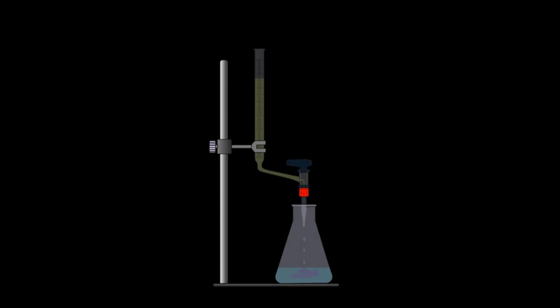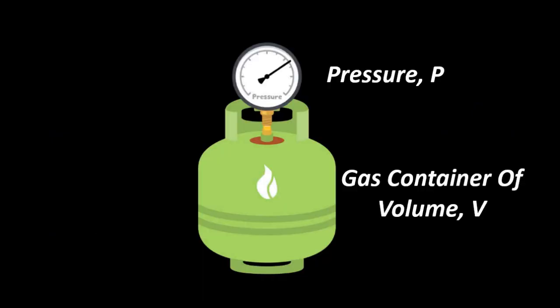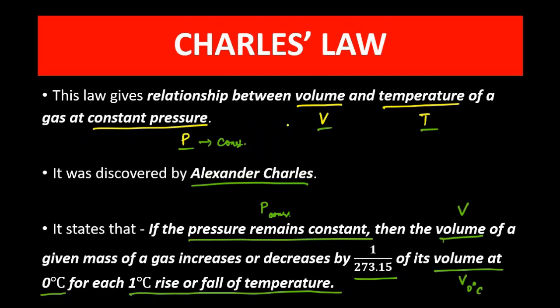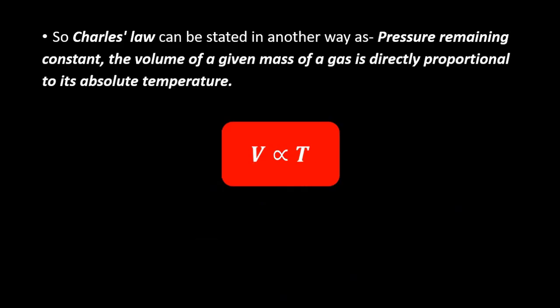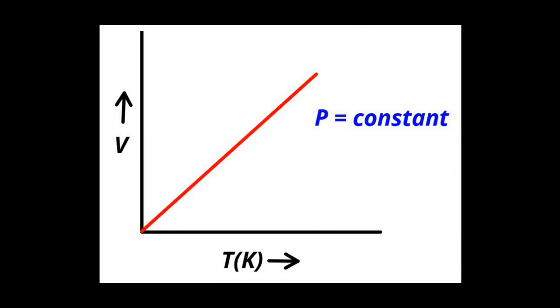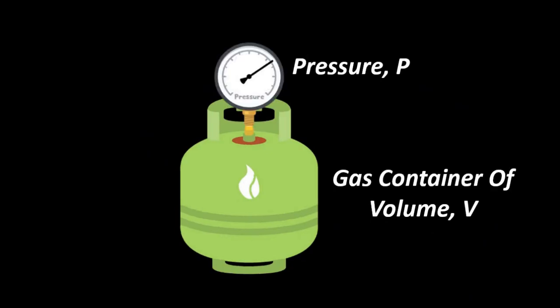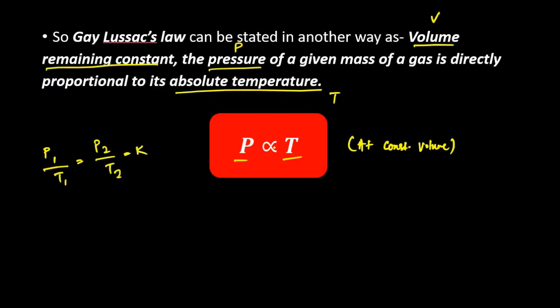We started with Boyle's law, pressure and volume at constant temperature, an inverse relationship between them. Then we went to Charles' law, which is volume and temperature of a gas at constant pressure, a direct relationship, volume is directly proportional to temperature. And then we went to Gay-Lussac's law, which is the relationship between pressure and temperature at constant volume, a direct, proportional relationship.